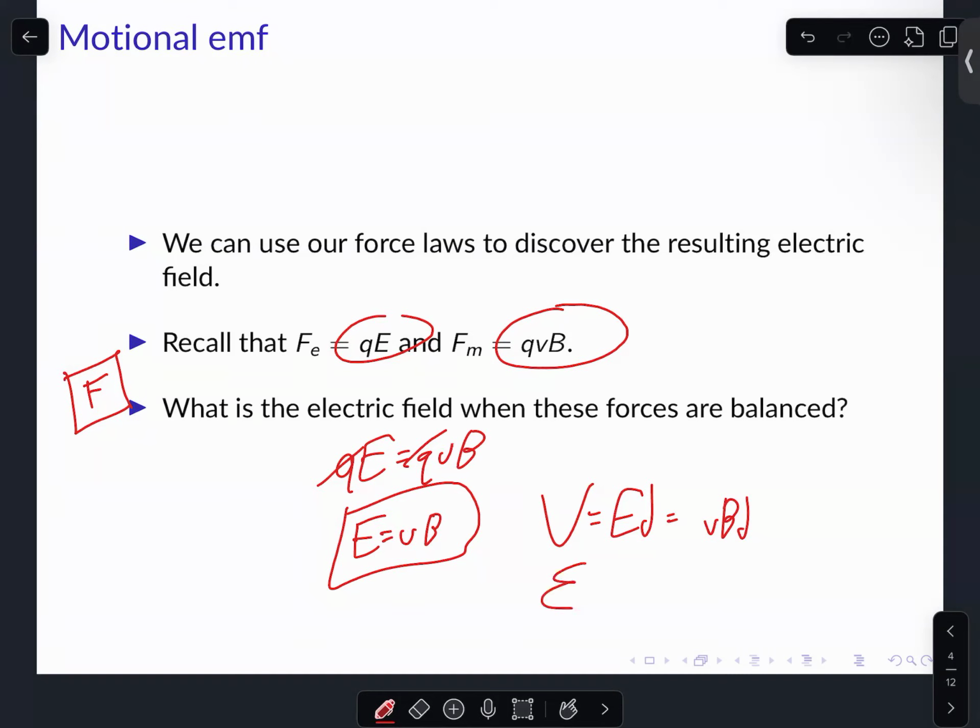So you will also see written script E equals VBD. I want to emphasize this is not electric field. This is an alternate notation for voltage, okay? E for EMF, not E for electric field. Follow along? Then at least you don't have to have V equals V something. You don't have to make sure to write voltage and velocity so differently.